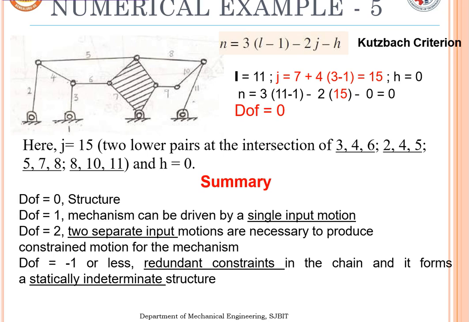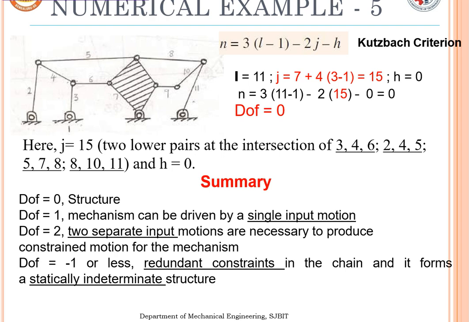Further, if we take another structure with a frame connected with respect to the constraint link 1, here the number of links is 11, the number of joints with lower pair is 15, and the number of joints with higher pair is 0. So the degree of freedom calculated is 0.